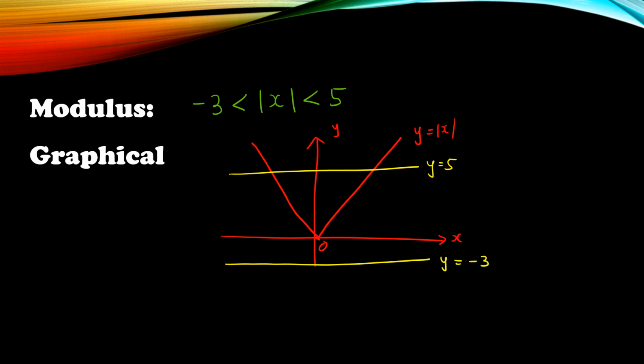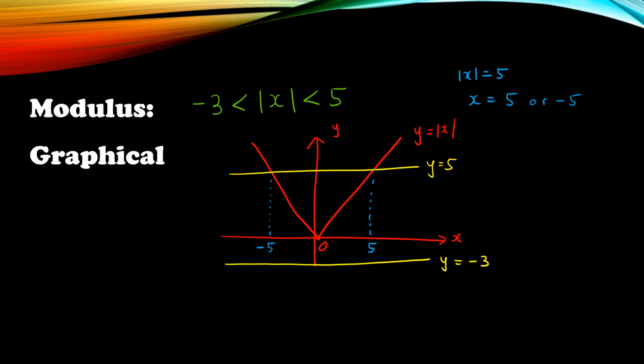So you can find the intersection point first. In this case, we have modulus x equals to 5. So x can take on positive 5 or negative 5. So I have negative 5 on the left side and 5 on the right-hand side.